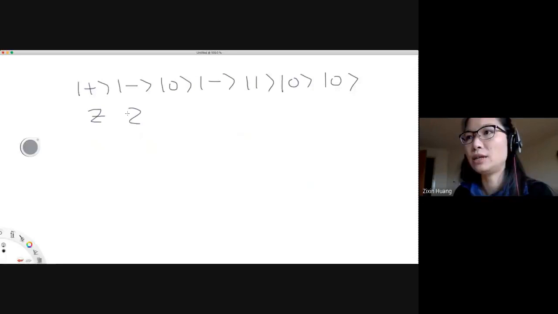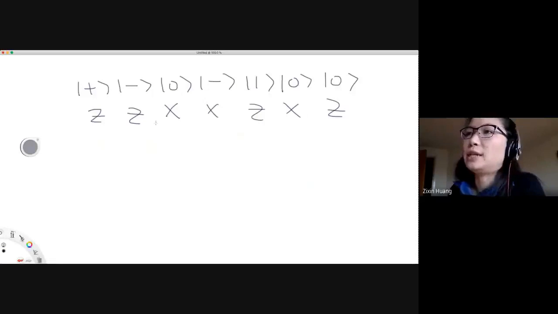So I go Z, Z, X, X, Z, X, Z. And now she will obtain an outcome for each of those states that she measured.